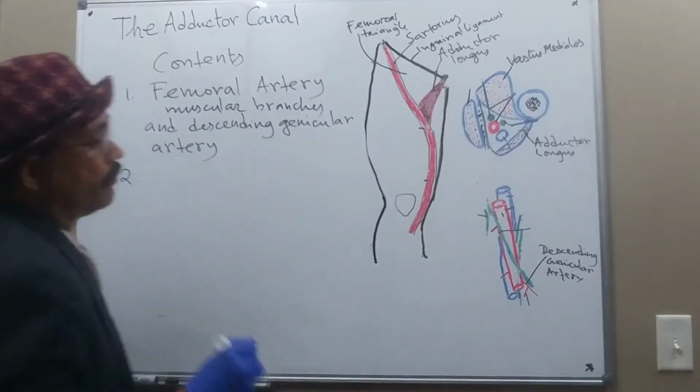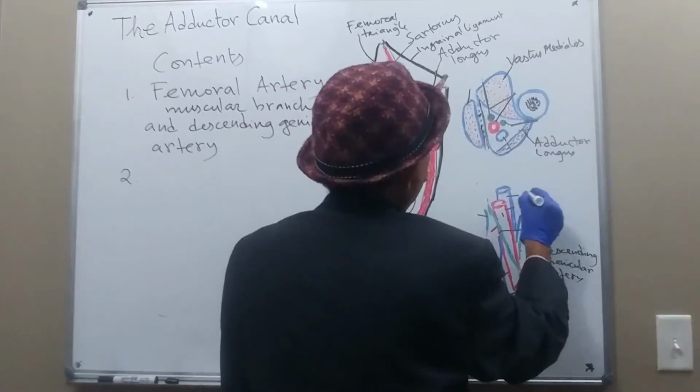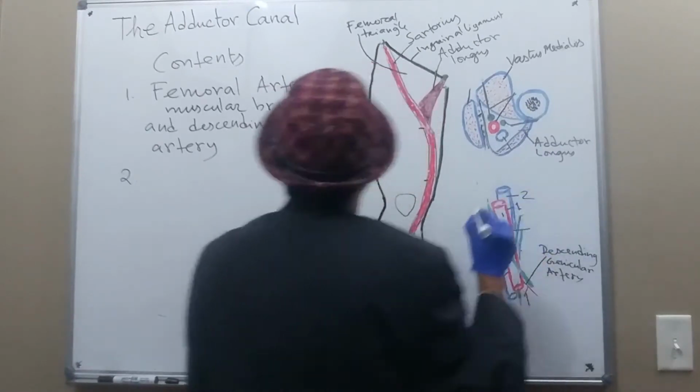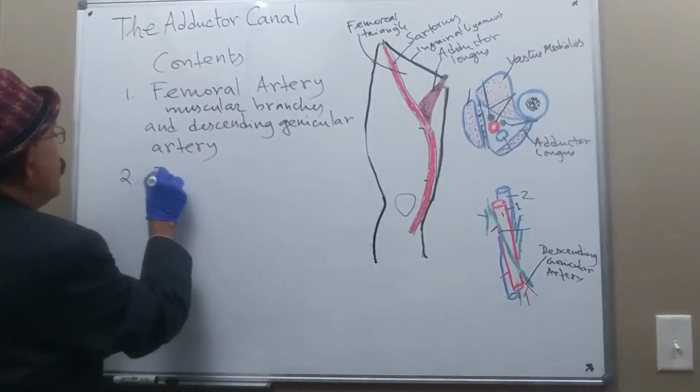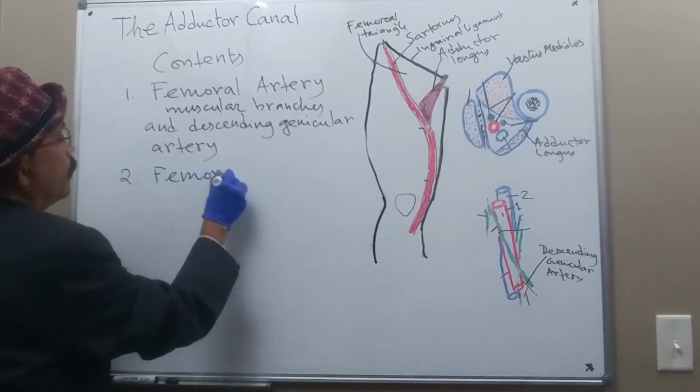Then we get the femoral vein. The femoral artery is number 1, and number 2 is the femoral vein.